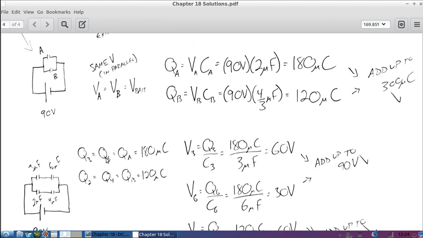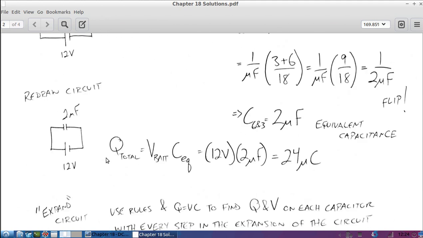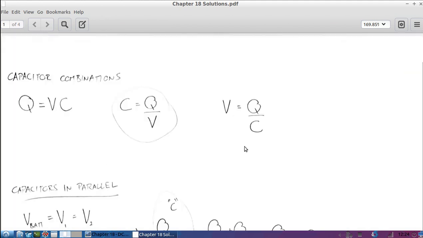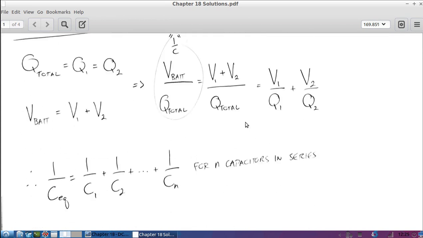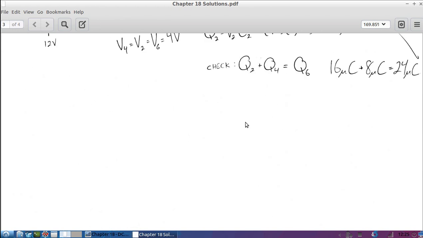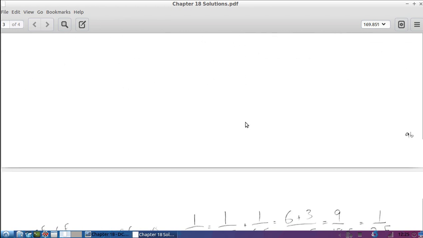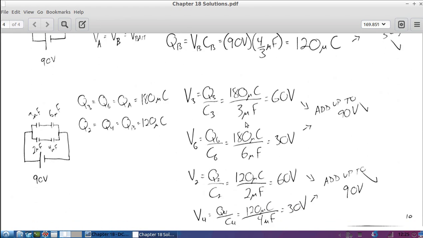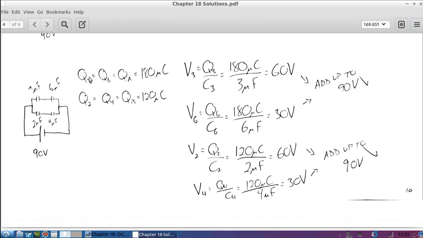They have their own capacitance. I'm going to go all the way back up to my equation for voltage. I'm going to find Q over C, which is the voltage, for all 4 of these capacitors.